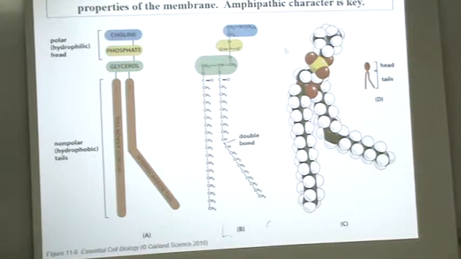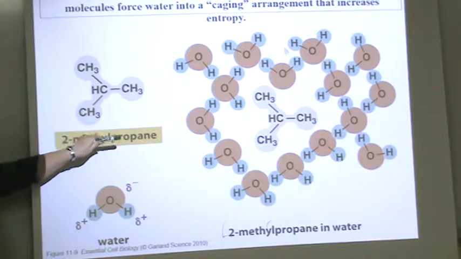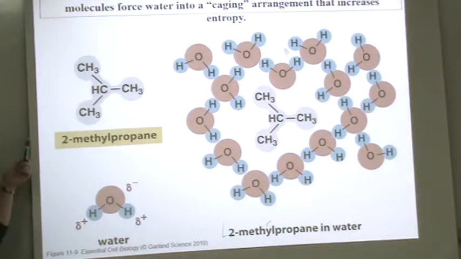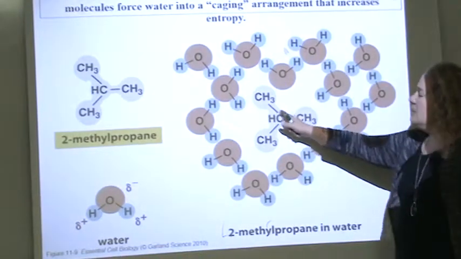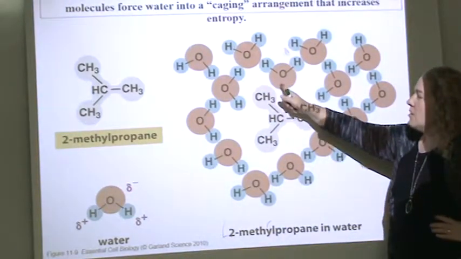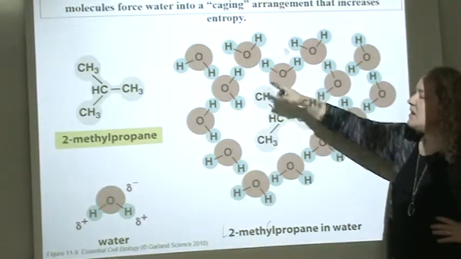Let me come back to the slide in a minute, but I want to go onto this. Recall from earlier, we talked about the reason that anything is hydrophobic is that it forces water to do caging. You remember that? So we could have a nonpolar molecule like this, and water has to break its hydrogen bonding network with itself and do caging around it.